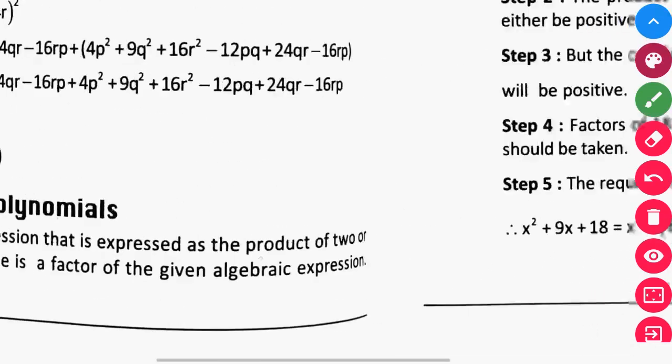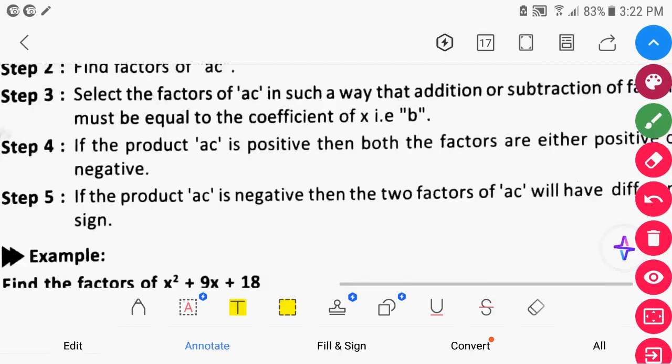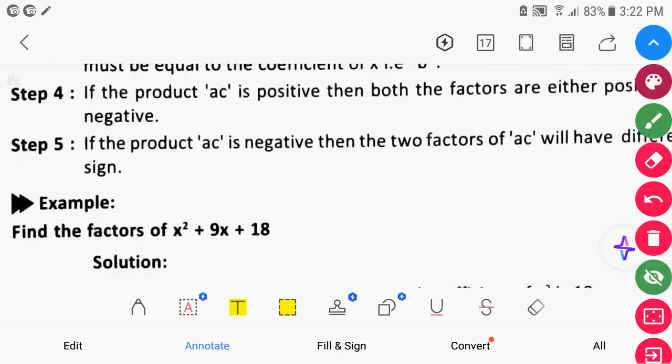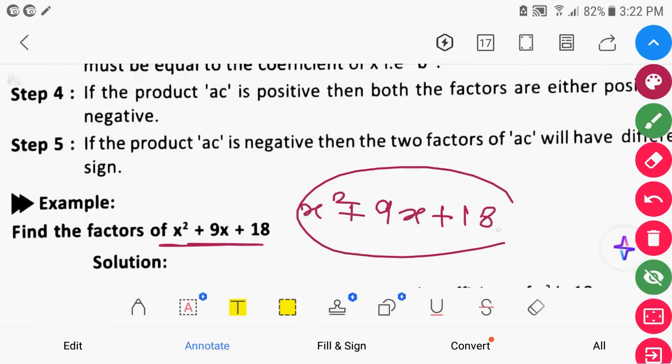Okay. Now factorization of a polynomial is also an important point. Suppose this is one polynomial: x square plus 9x plus 18. Here we multiply the constant with the coefficient of x square.